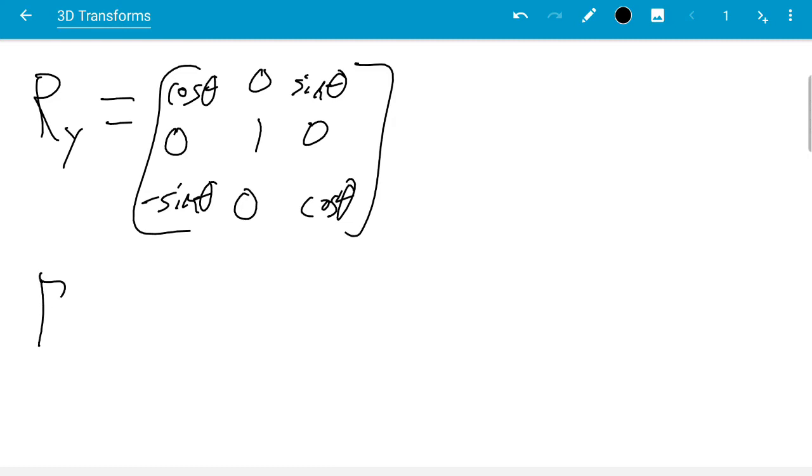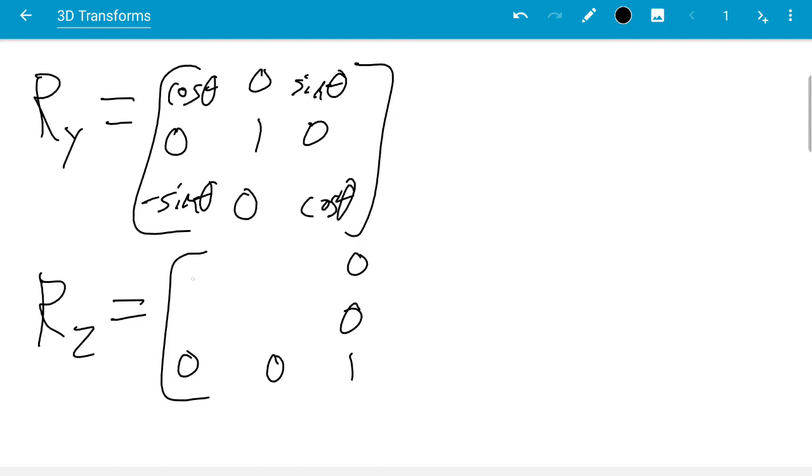And then the rotation about the z-coordinate, the z-axis, is similar, except the z is where we want things to not change. And then our little two-dimensional rotation matrix shows up in this corner. Okay, just like that.